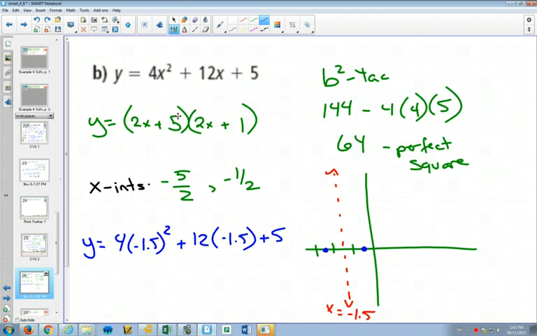And we get negative 4. Is that right? Yep. Oh, that's such a pretty graph now. Negative 1.5 comma negative 4 is our vertex.